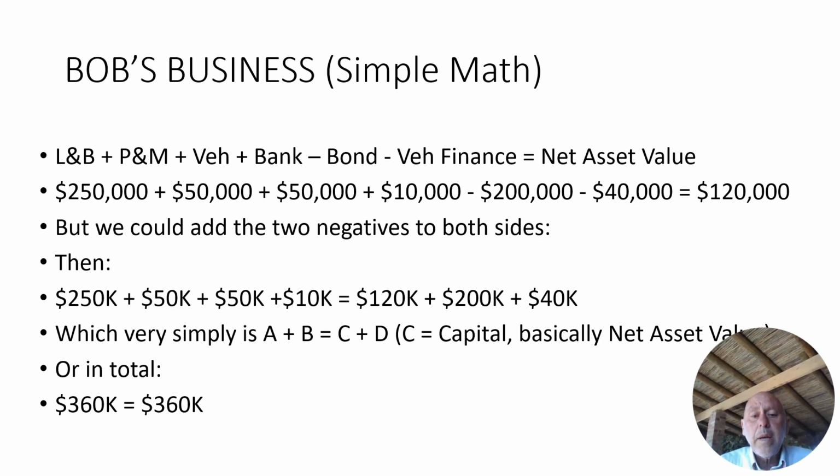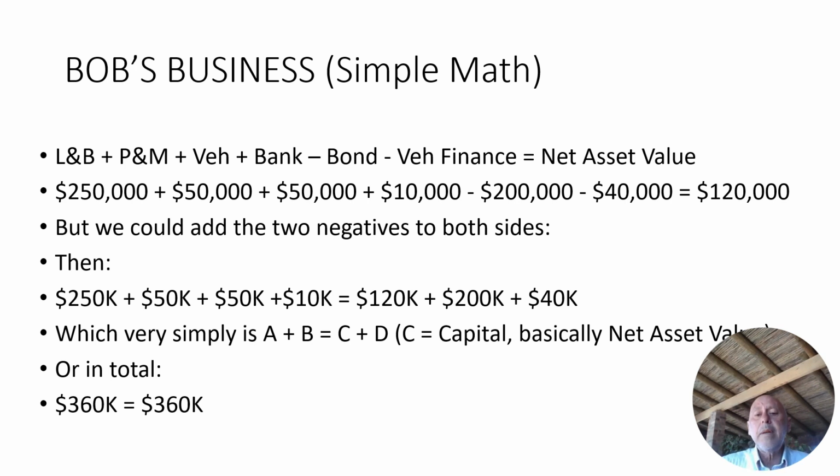So what you're going to end up with is $250,000, the land and buildings, plus $50,000 for the plant and machinery, plus $50,000 for the vehicle, plus the $10,000 for the bank, equals that net asset value of $120,000, plus that bond, and plus the vehicle finance.